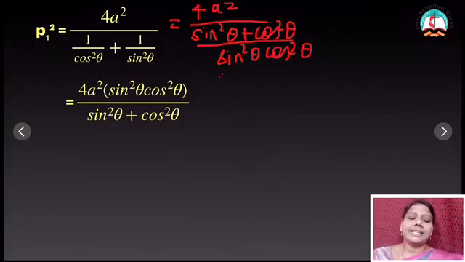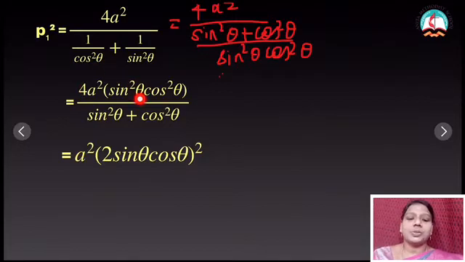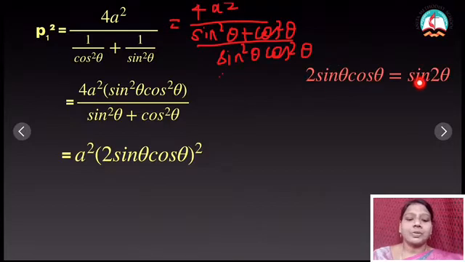Therefore we get a square into, taking this 4 inside, 2 sine theta cos theta the whole square. I am collecting all these squares because we have a formula that 2 sin theta cos theta is equal to sin 2 theta. So this bigger expression is replaced by sin 2 theta.